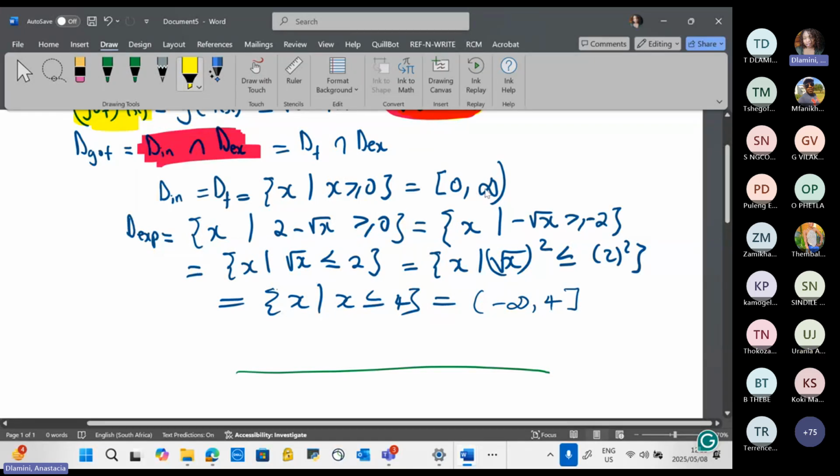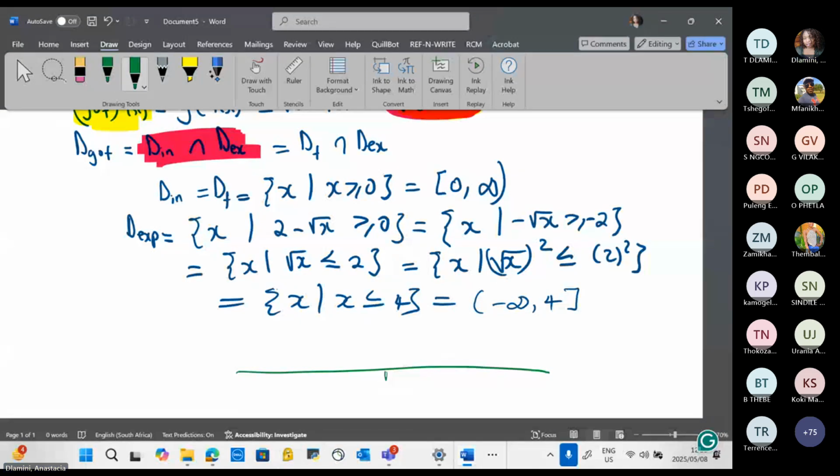It says from 0. Do I go to the right or to the left? And do I include 0? Yes. To the right, include 0. Remember, inclusion means a solid circle. So 0 from here to the right. Okay, I'm done with this one.